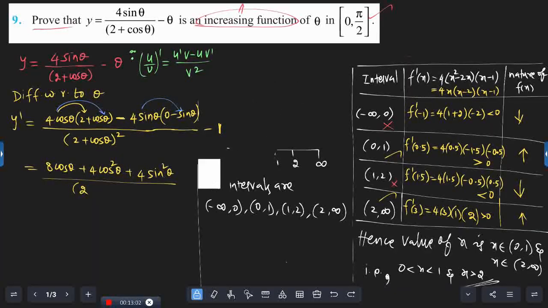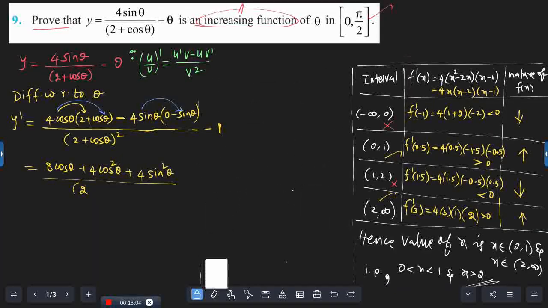Now children listen. I want to do two works: cross multiply as well as simplify. When I take cross multiply, 1 into 2 plus cos theta whole square, what you will be getting? 2 square plus cos square theta plus 2 2s are 4, so 4 cos theta.